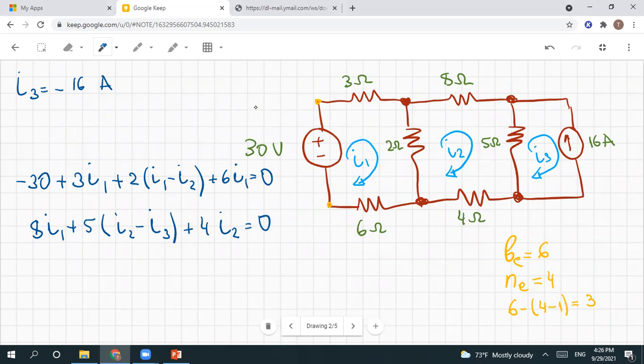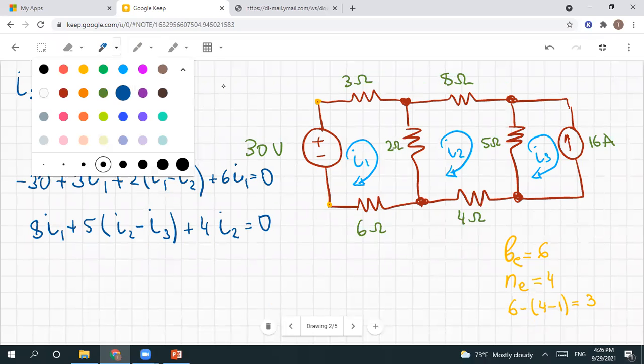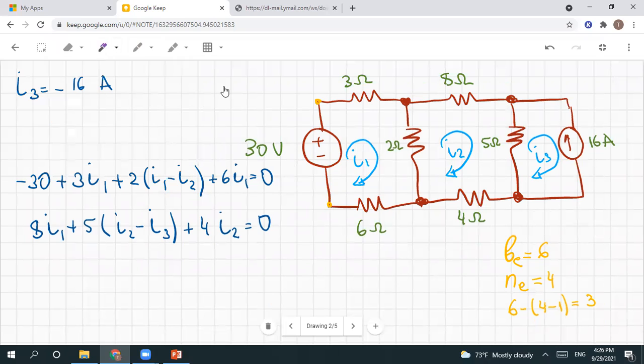As you see here, we have I3 in the second equation, but I3 is already known. Once I plug in negative 16, I will have 2 equations with 2 unknowns. So let me rewrite these 2 equations. For the first, I will have 11I1 minus 2I2 equal to 30.